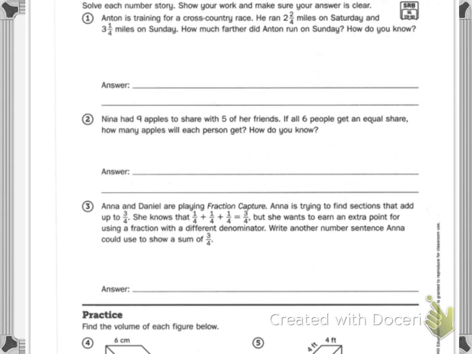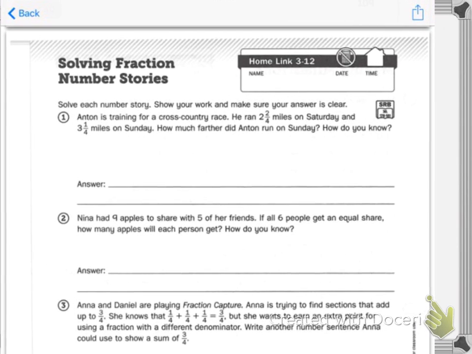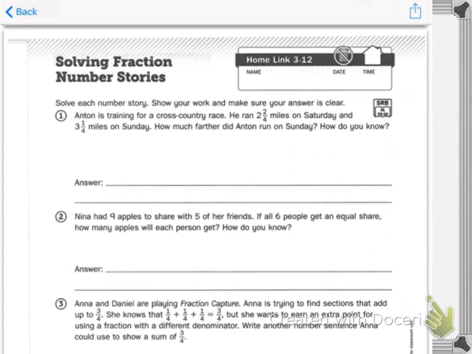If we're looking at number 1, it says, solve each number story, show your work to make sure your answer is clear. Anton is training for a cross-country race.